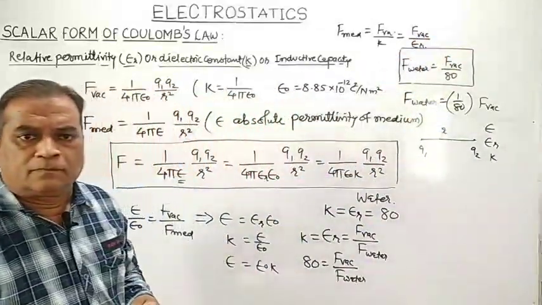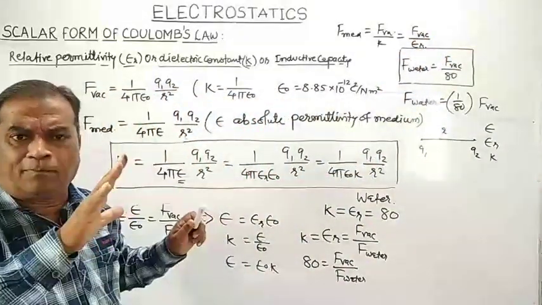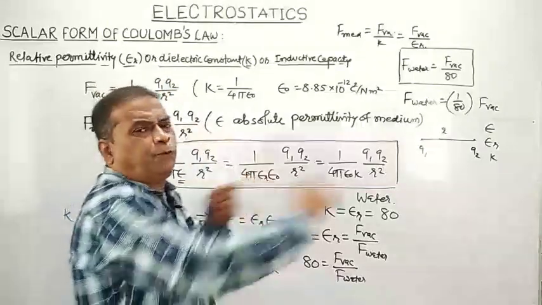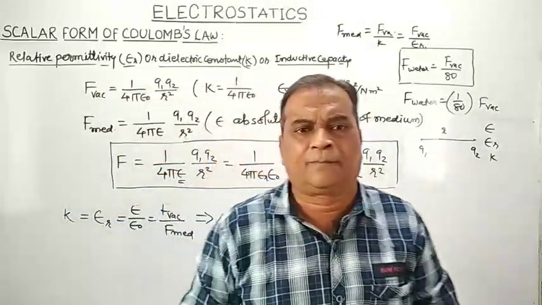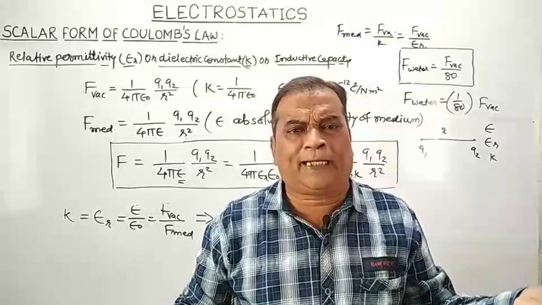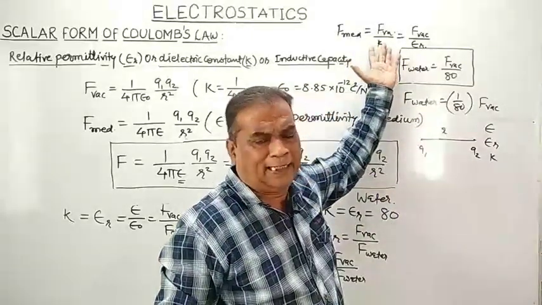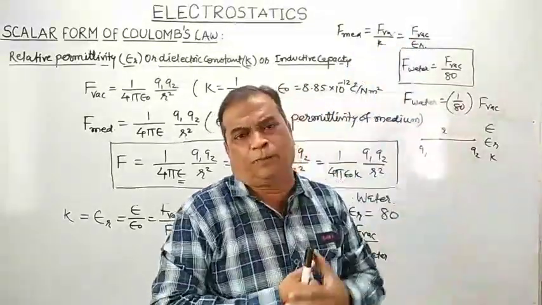Epsilon r. So a material medium reduces the force between two point charges by what factor? Dielectric constant or relative permittivity.